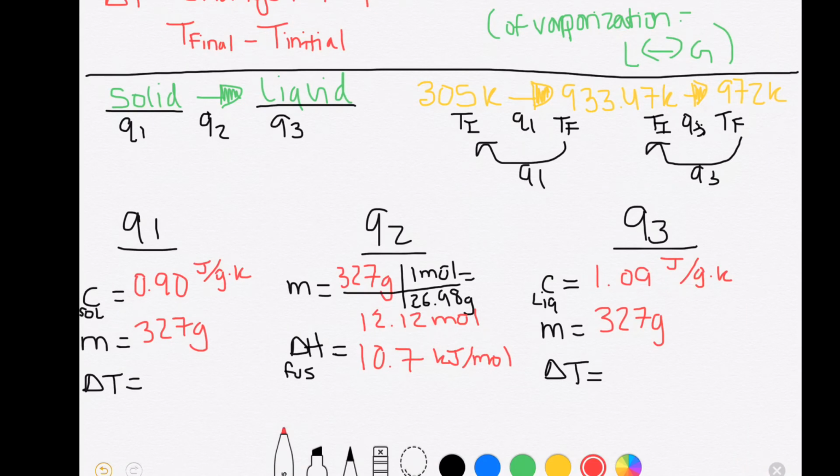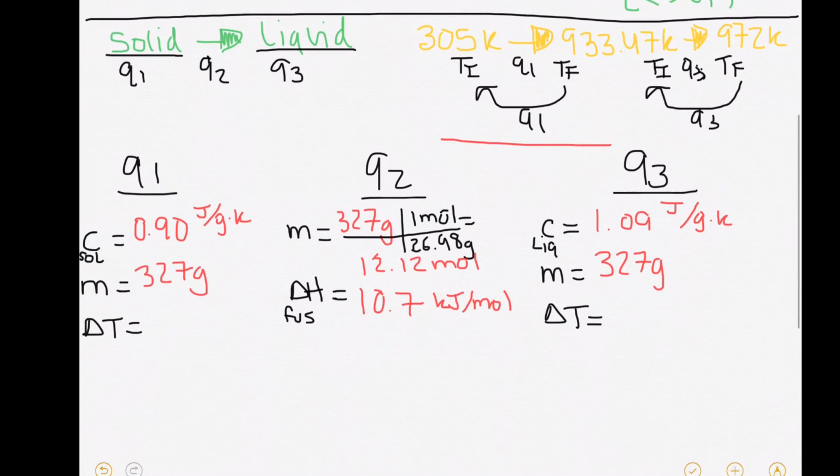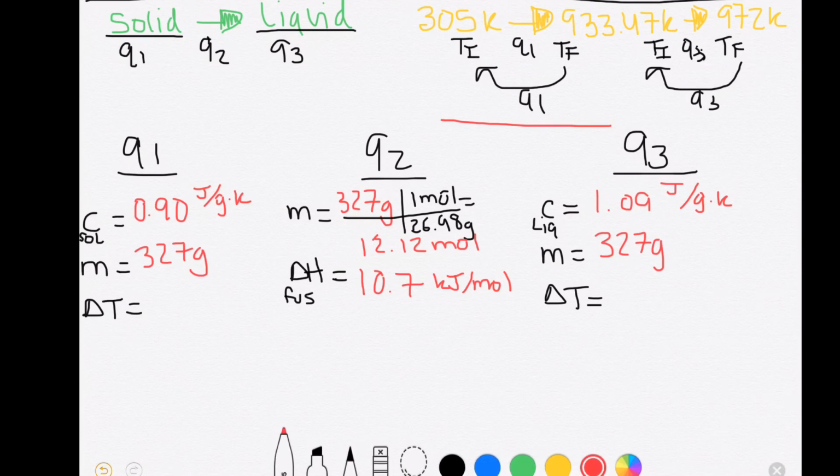For my delta T for Q1, I'm going to use 933.47 minus 305. And that will give me 628.47 for my Q1 delta T. And then for my Q3 delta T, I set that up here.